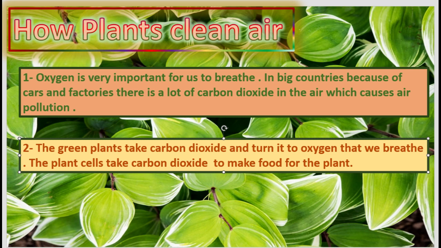So when I told you before that plants help us to breathe, that's what I meant. It takes the carbon dioxide from the air and turns it to oxygen, so that oxygen we can breathe in and live. So it's very important for us.